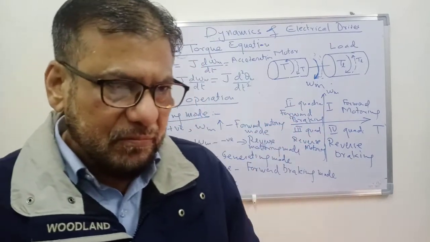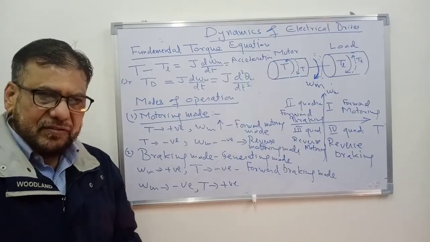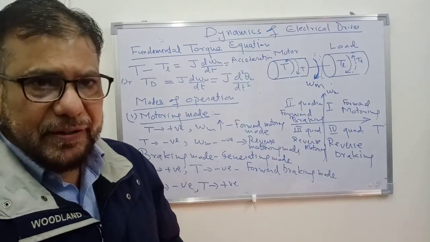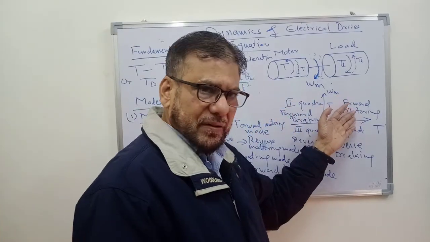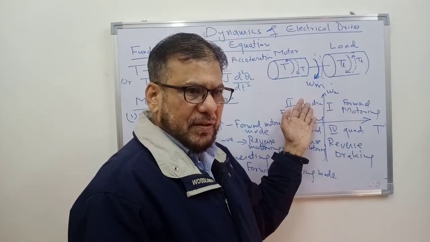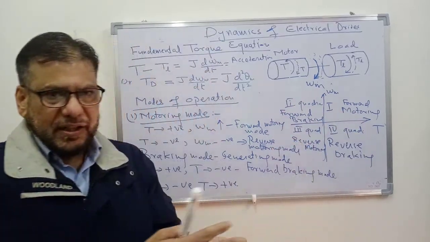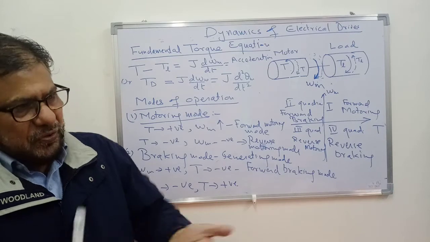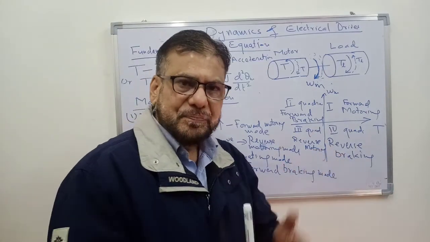Suppose you have some car. In that case, reverse is also required. So in that case, you will have forward motoring, forward braking, and reverse motoring to move the car in the reverse direction, and to stop you want to have the reverse braking also.